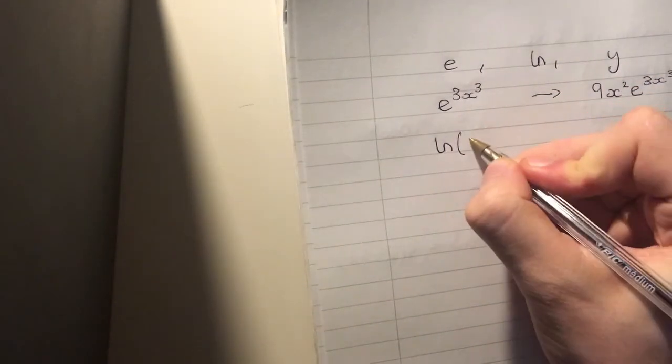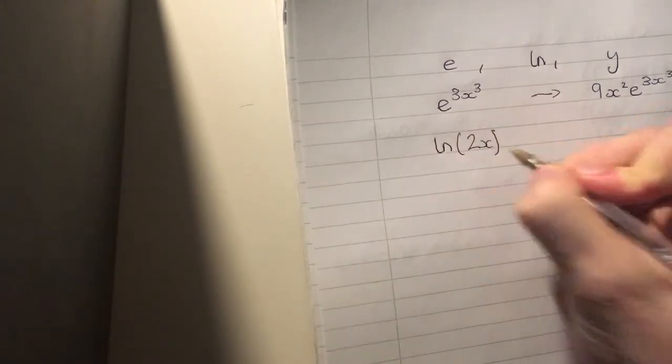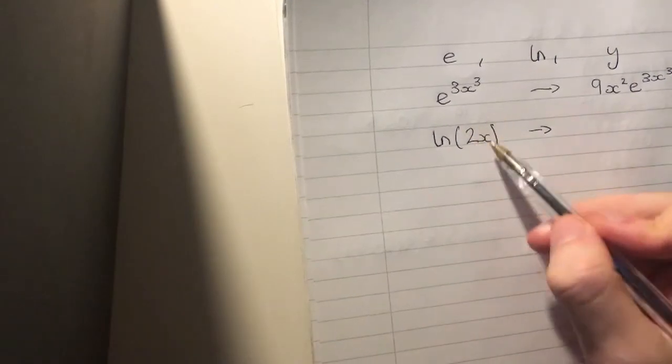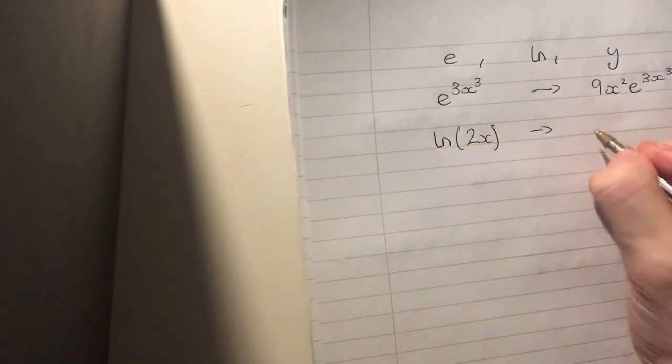ln's a bit stranger, but that's just logs for you. Let's do it. So let's give ln let's say 2x. Now this differentiated, what you do is you take what's in the bracket and you put it under 1.